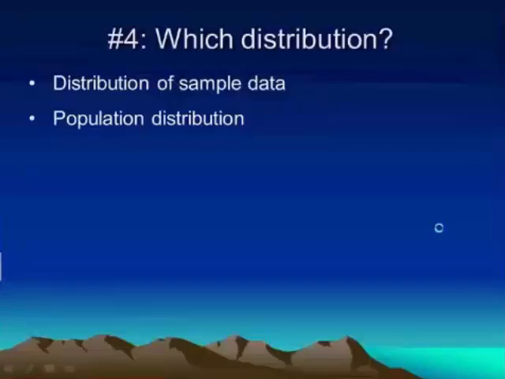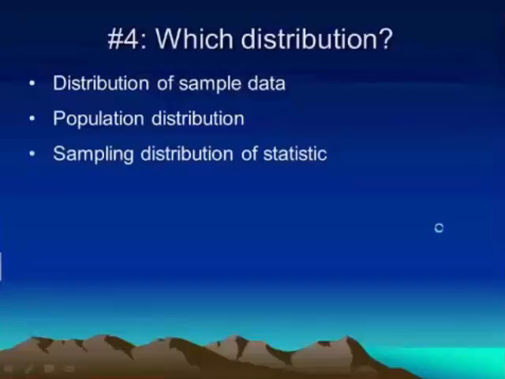Or the problem could be talking about the population distribution of some variable. And again, that variable could be categorical. So the population distribution could consist of the percent in each category, or it could be a quantitative variable. So the population distribution we could imagine might be a normal distribution.